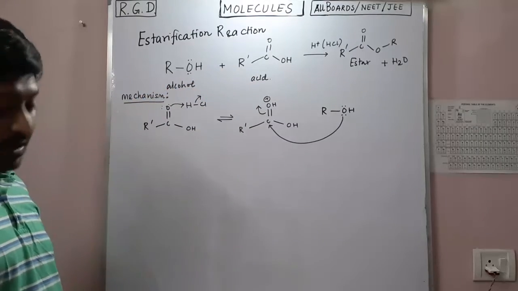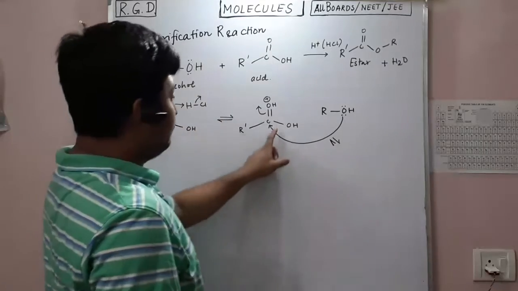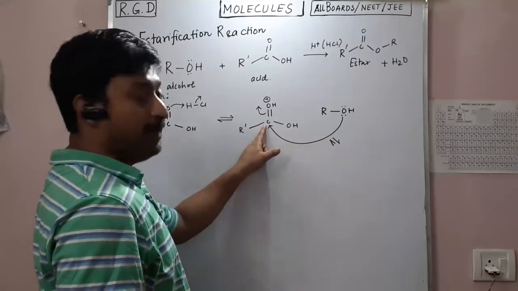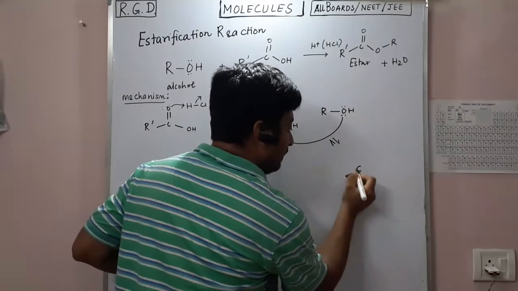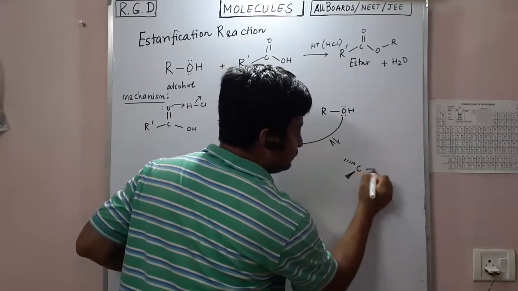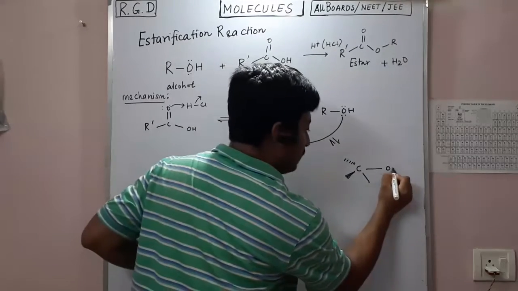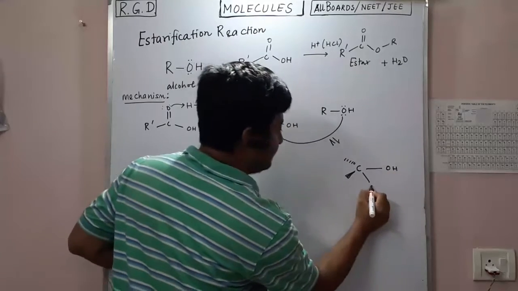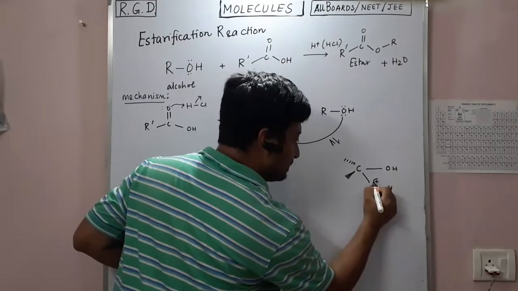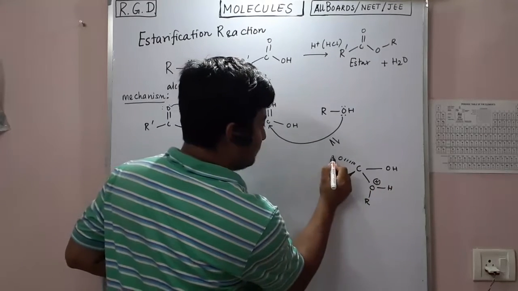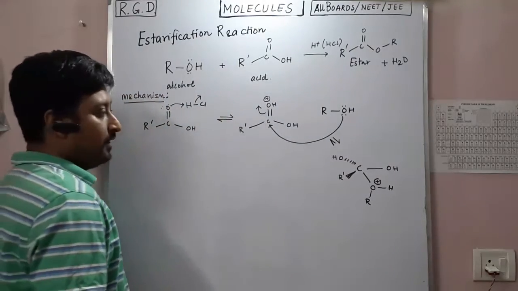As a result, this carbon has become sp3 from sp2. So this is OH, this is OH, this is OR plus H, and this is my R prime.